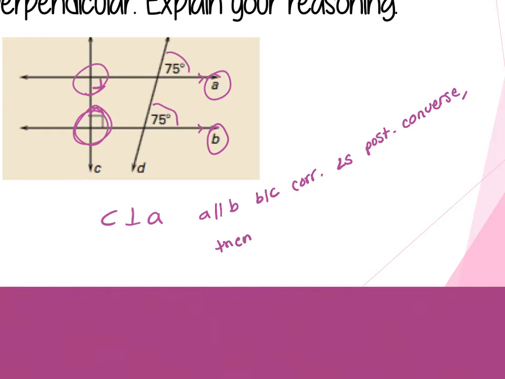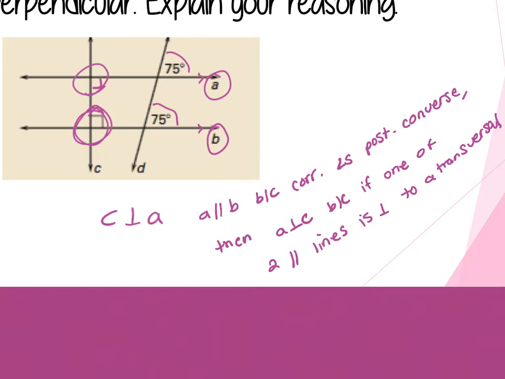Then A is perpendicular to C because if one of 2 parallel lines is perpendicular to a transversal. Wait, the second part: if A is parallel to B and C is perpendicular to B, then C is perpendicular to A, is that fine? Yeah, but if it says why, you need the corresponding angles postulate converse to get that part. Perfect.